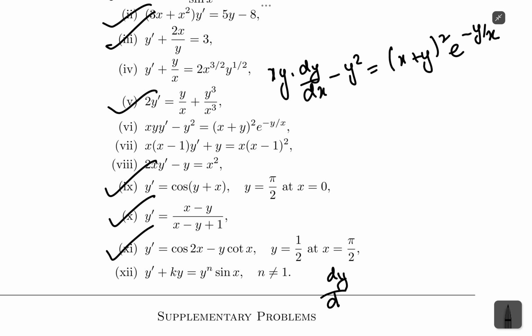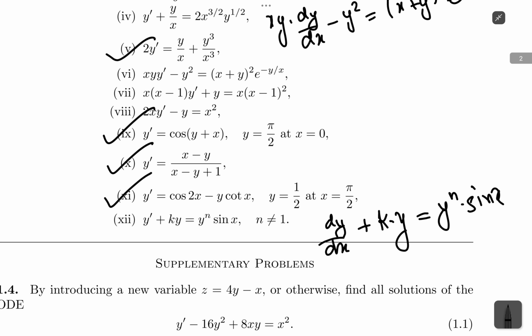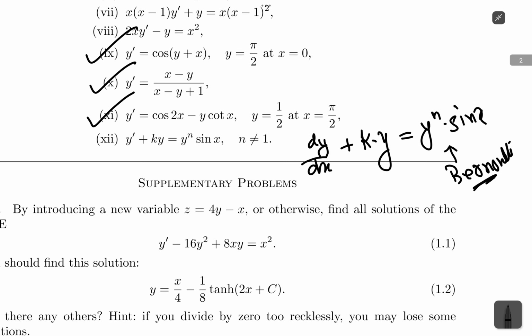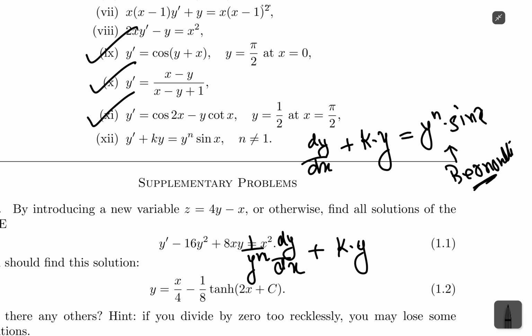Okay, dy by dx plus k times y is equal to y power n times sin x. So this is clearly a Bernoulli's equation. For this I need to divide by y power n, and with the substitution we get a linear equation in y power 1 minus n equal to sin x.